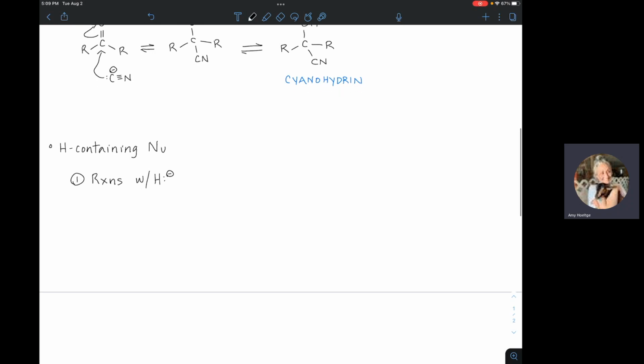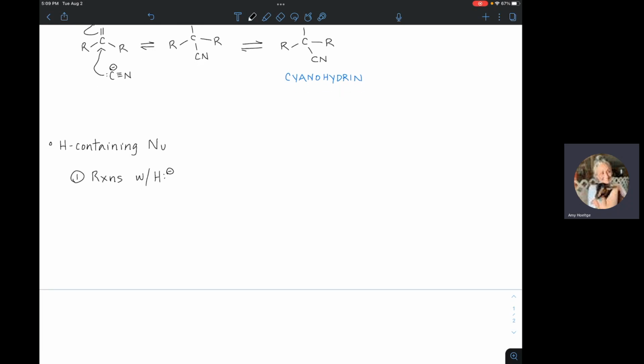So we have all kinds of sources of the hydride anion. Hydride, H minus, is very strongly basic. Remember, the pKa of molecular hydrogen is somewhere around 40, which means that H minus is going to be a pretty wicked little base.